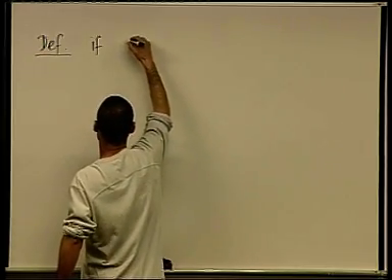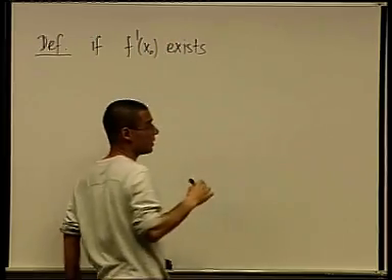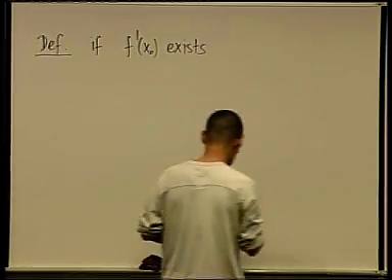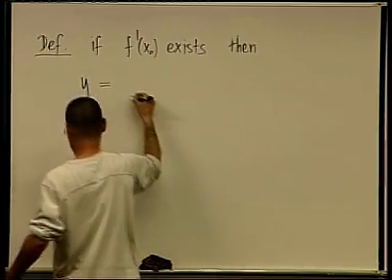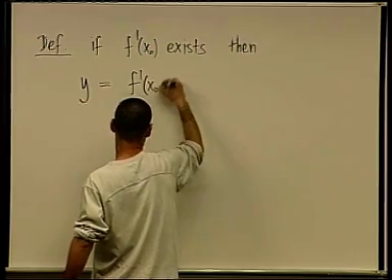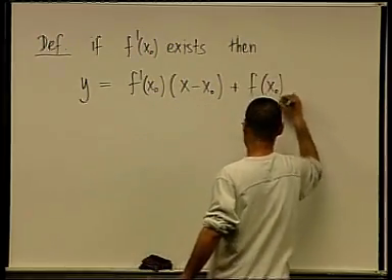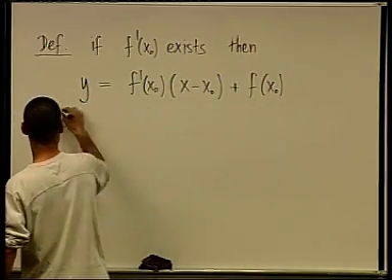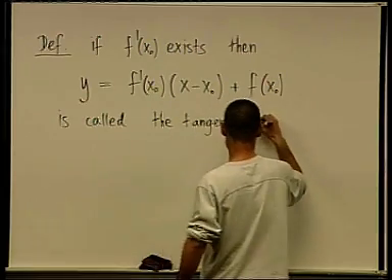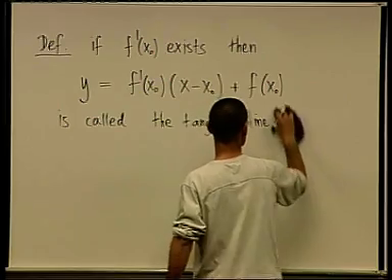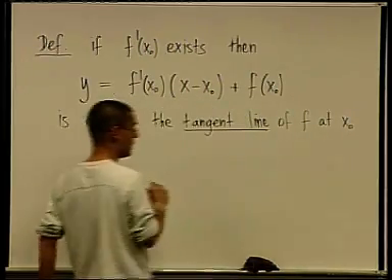If that limit exists, if f prime at x0 exists, another way of saying it is if f is differentiable at x0, then the straight line y equals f prime at x0 times x minus x0 plus f at x0, we'll decipher this in just a second, is called the tangent line of f at x0. So this is the definition of the tangent line.